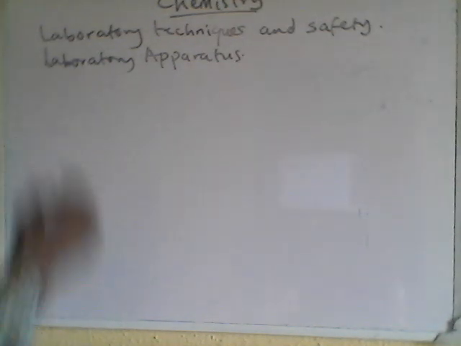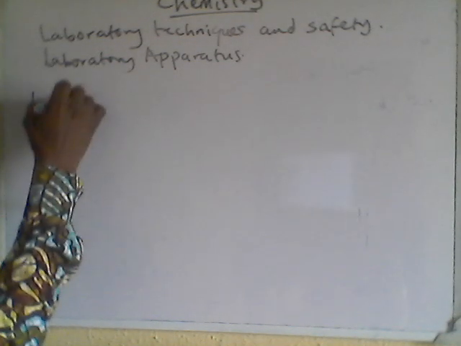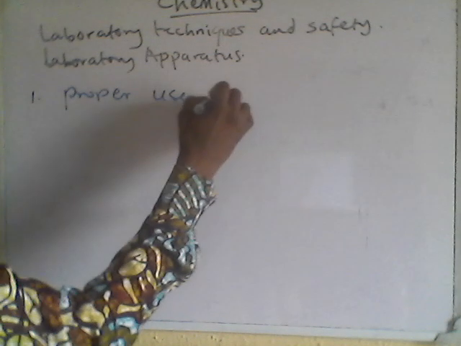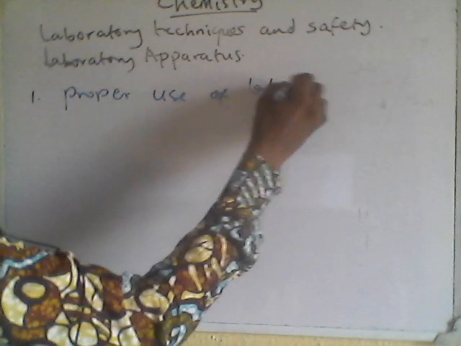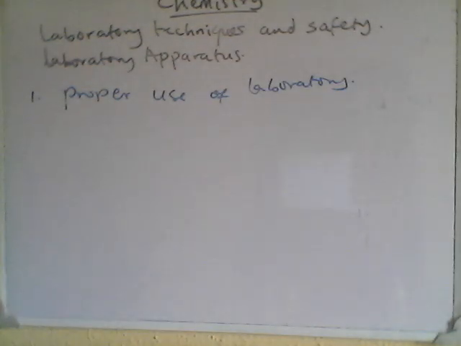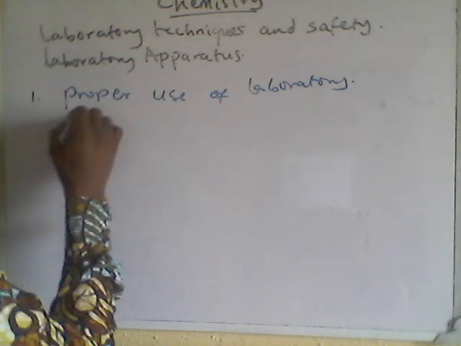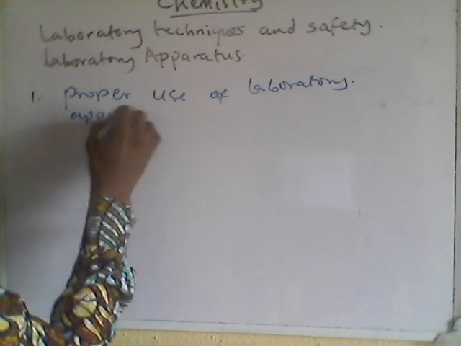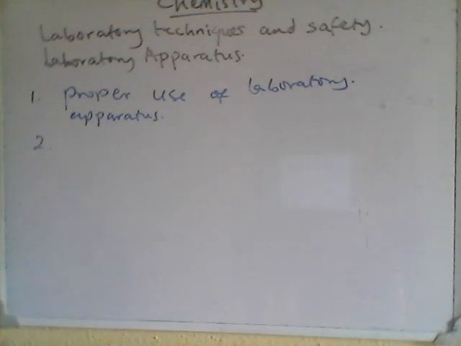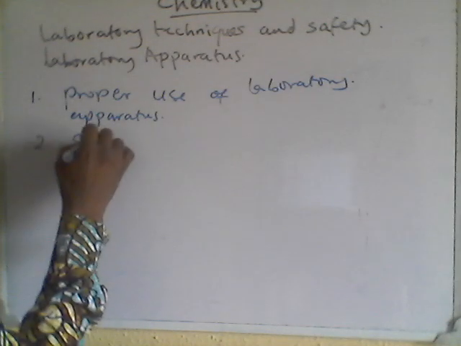Number one, we must understand the proper use of laboratory. So for chemistry laboratory, you know how to use it very well. Laboratory apparatus. So all the apparatus, we are going to be mentioning them, the common ones, and seeing how we use them. Then standard laboratory techniques.